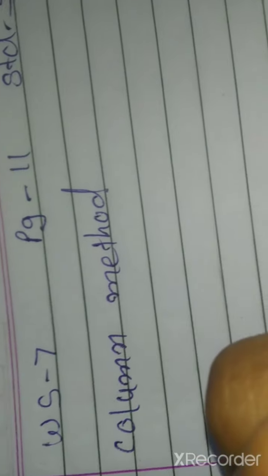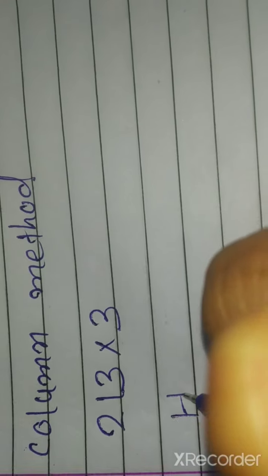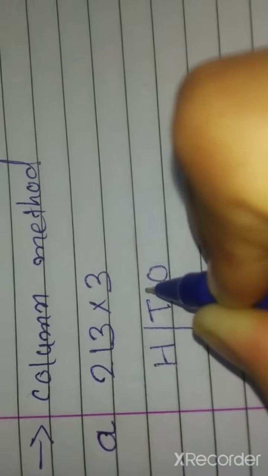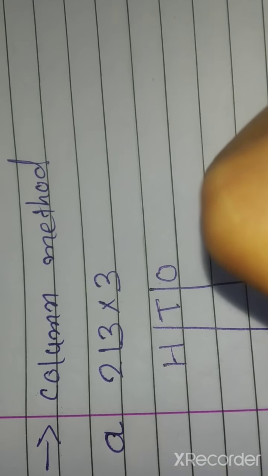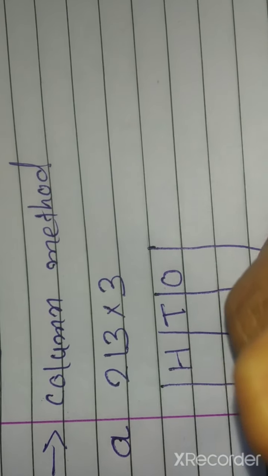Okay. Now the first sum. The first sum is 230 into 3. We'll use the column method. So here we have to write 100s, tens, ones, and draw the columns here. Okay.